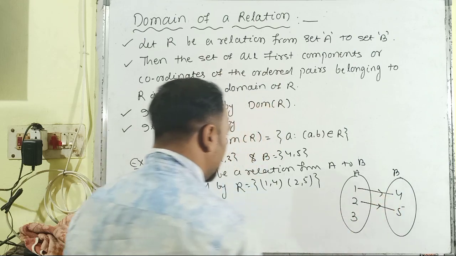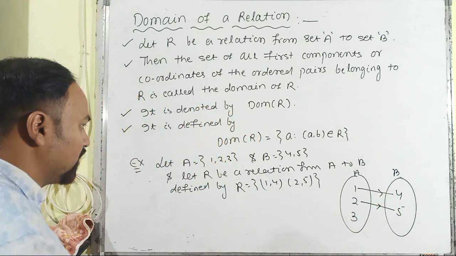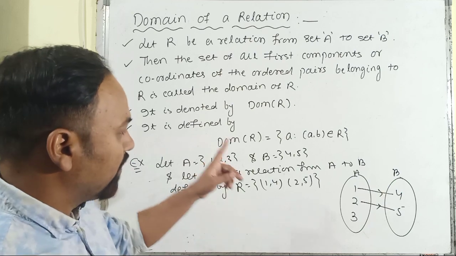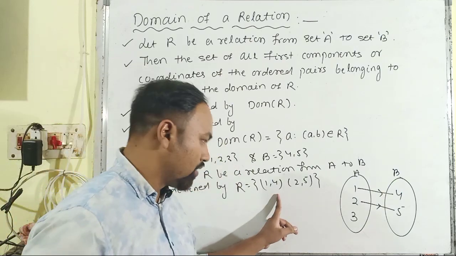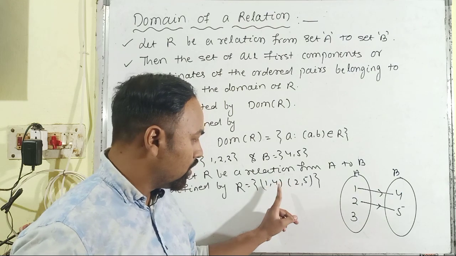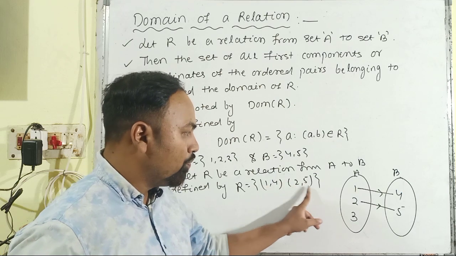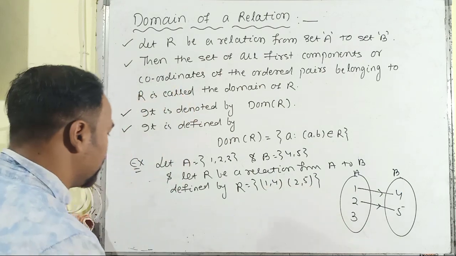Now we have to find the domain of R. That means first of all we have to find the first components of the given ordered pairs. The first component of the first ordered pair is 1, the first component of the second ordered pair is 2.